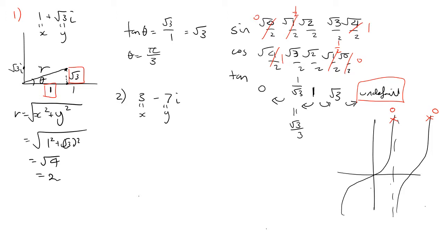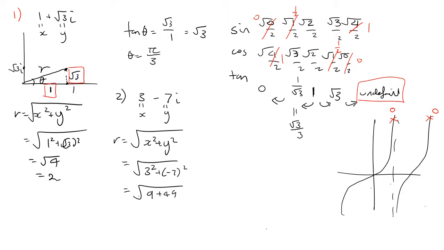So we'll do it without the diagram. r equals the square root of x squared plus y squared. x is 3, so 3 squared plus negative 7 squared is 9 plus 49, 58. And can we simplify square root of 58? We cannot. So that is our r value.